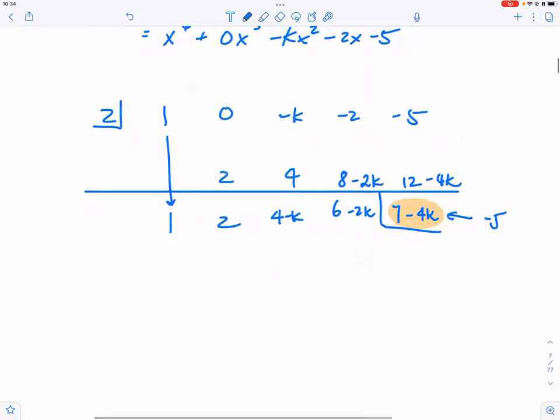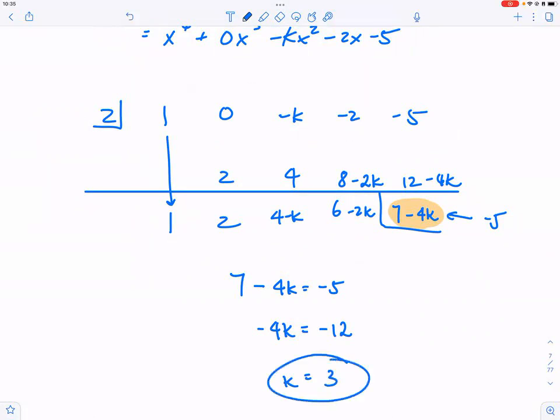So we can set up an equation: 7 minus 4k equals -5. Subtract 7 on both sides, so we have -4k equals -12. So k is equal to 3.